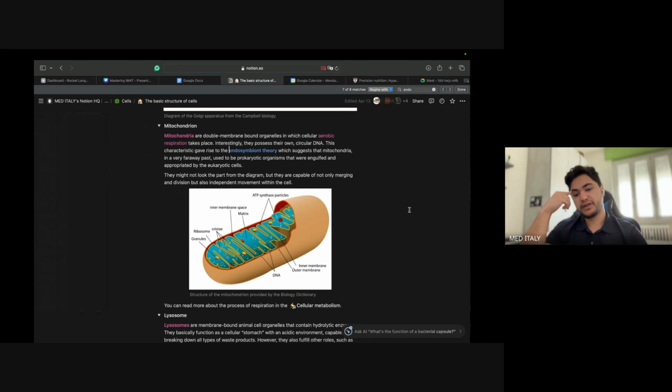Or when you think about the DNA in mitochondria, you should say that the mitochondrial DNA should be more similar to prokaryotes or eukaryotes? Prokaryotes. So if you understand this theory while you're studying, it will help you remember mitochondrial structures way better.